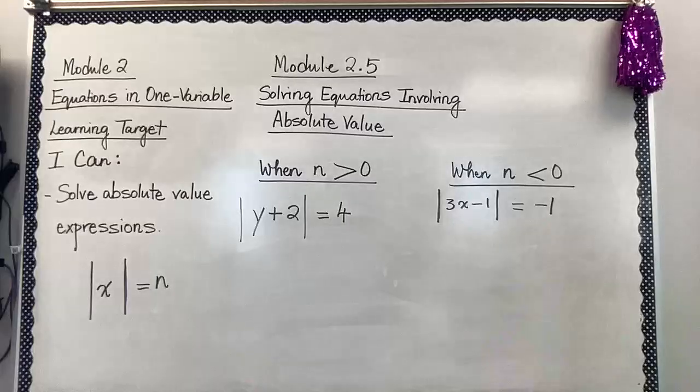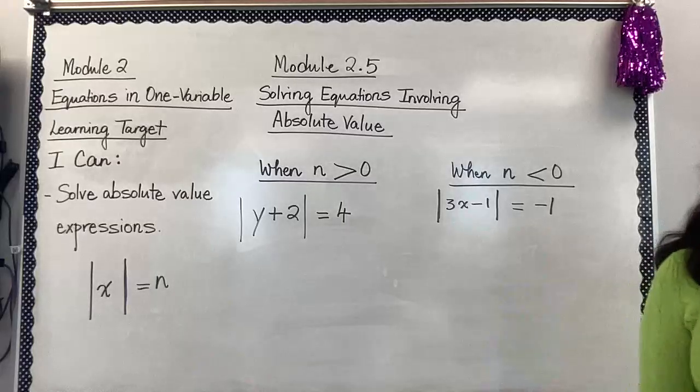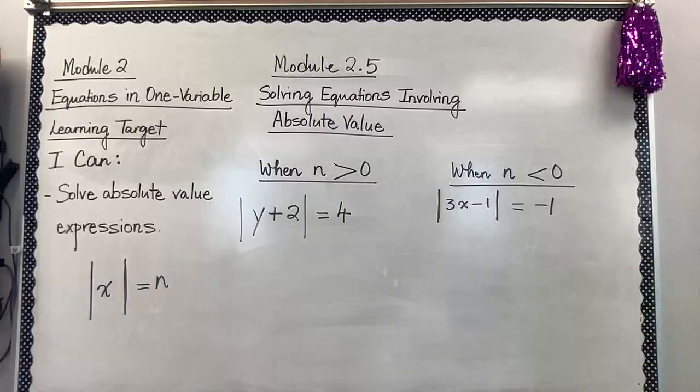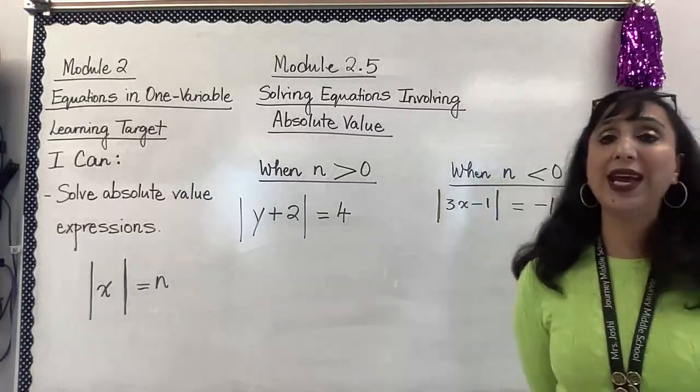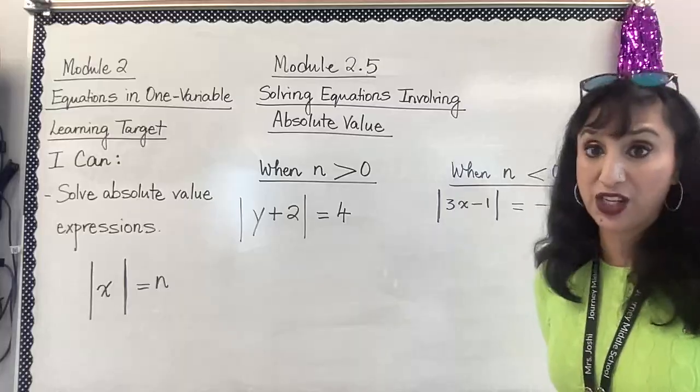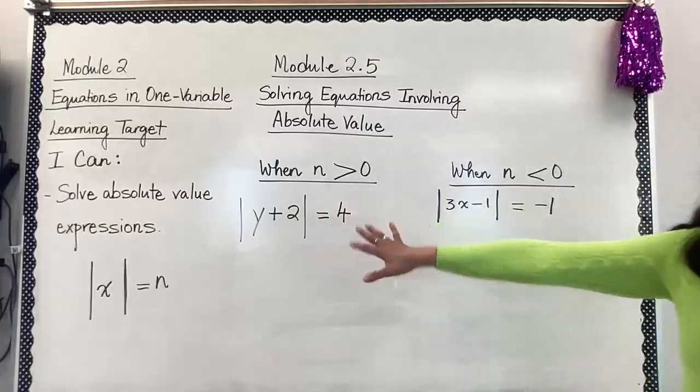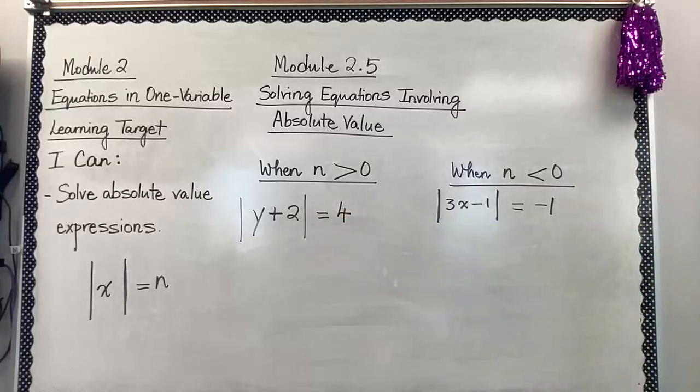Now when we are solving equations that involve absolute values, there are two cases that we have got to consider. When I'm solving these, the first case is the expression inside the absolute value symbol is positive or 0. And the second case is the expression inside the absolute value symbol is negative.